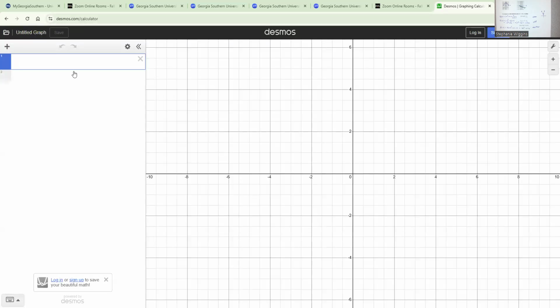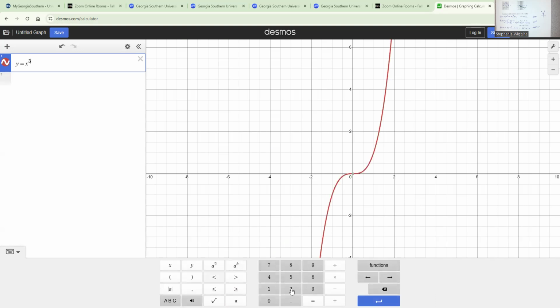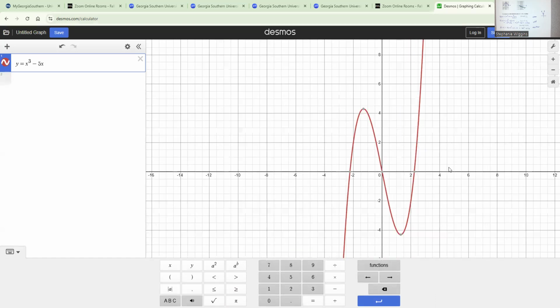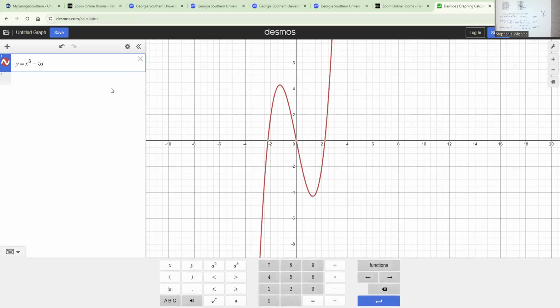So when I type in y equals x cubed minus 5x, here you can see it's a cubic function, and if I type in the line y equals x, imagine rotating 180 degrees.